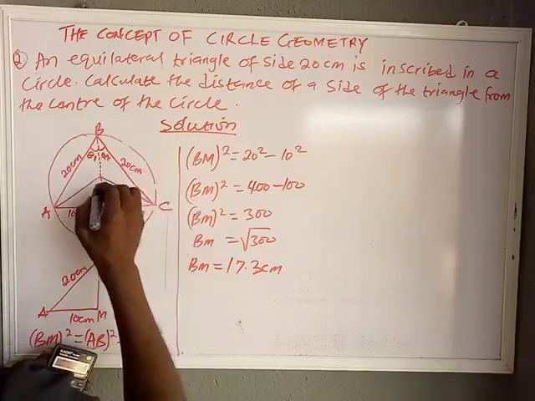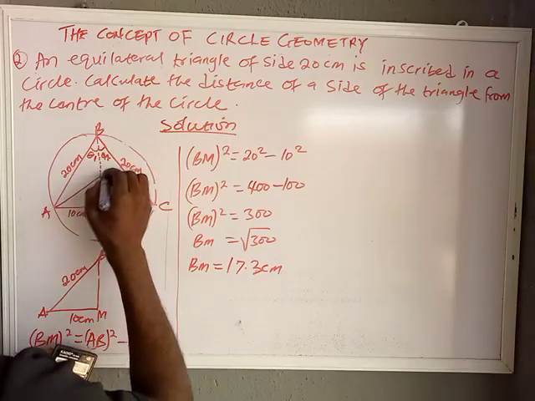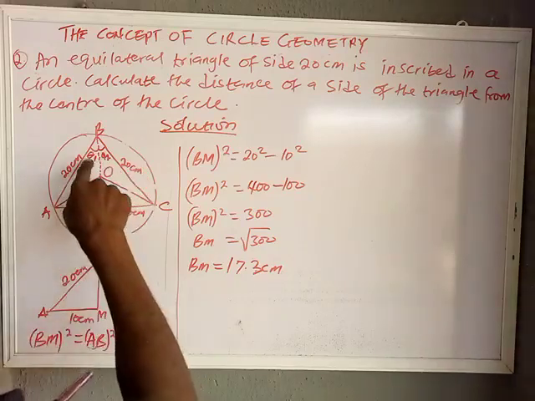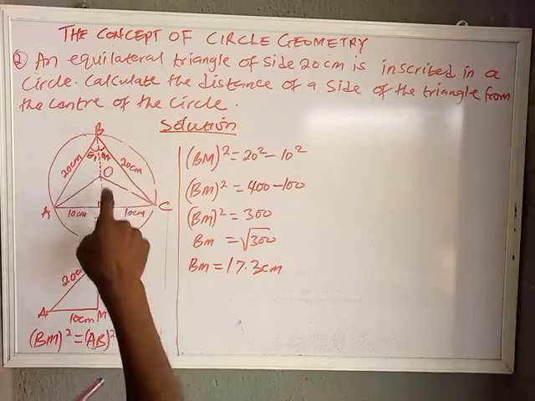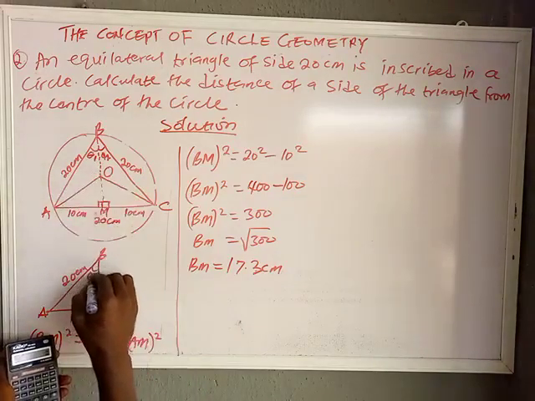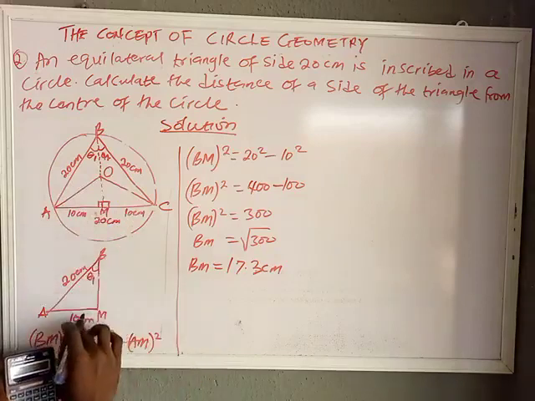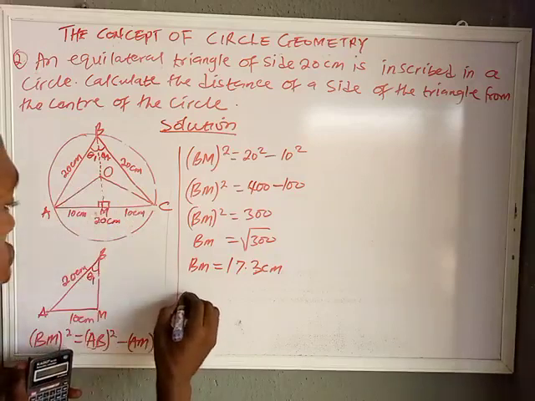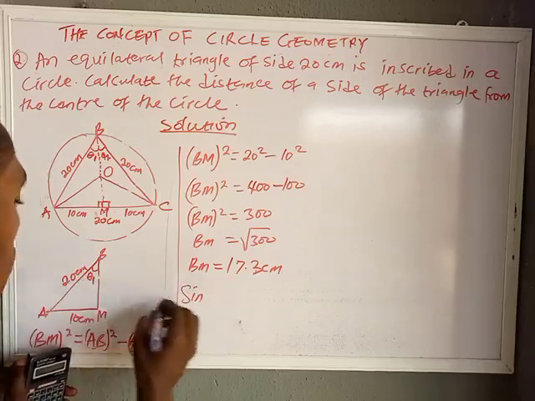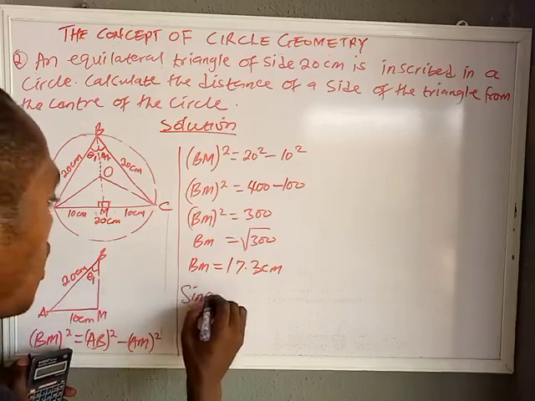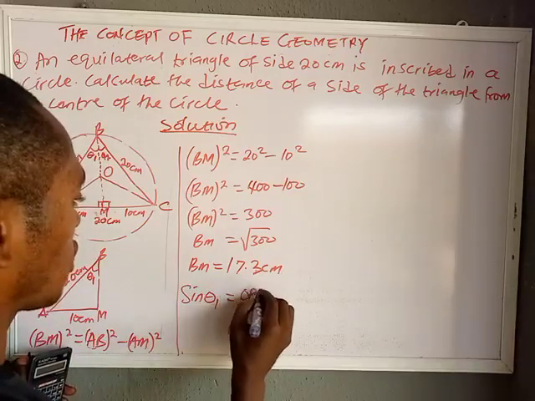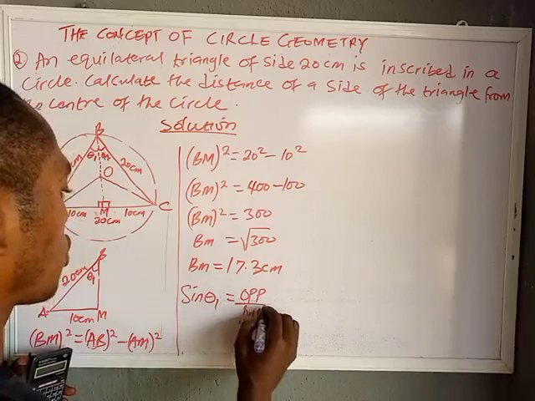Let's calculate this angle so that we can know what this O is. Considering this side, theta 1, this is opposite over hypotenuse, which is sine. So sine theta 1 is equal to opposite over hypotenuse.